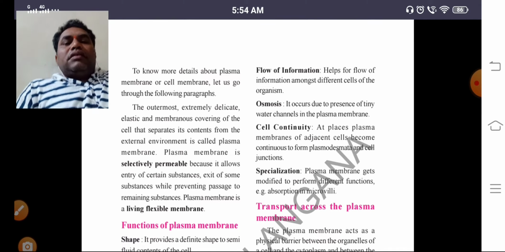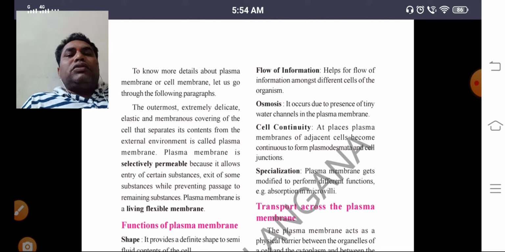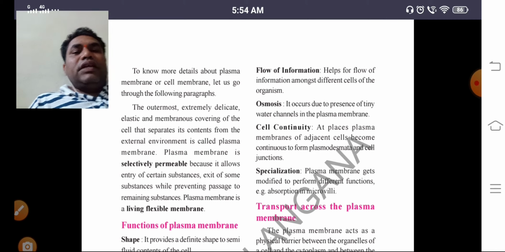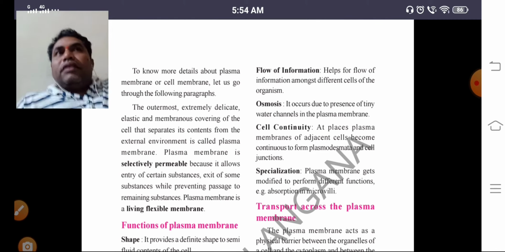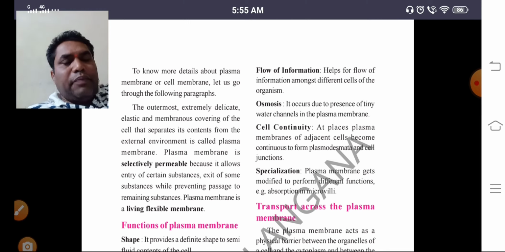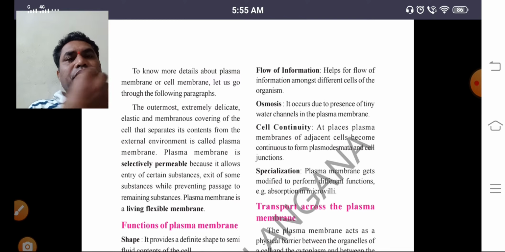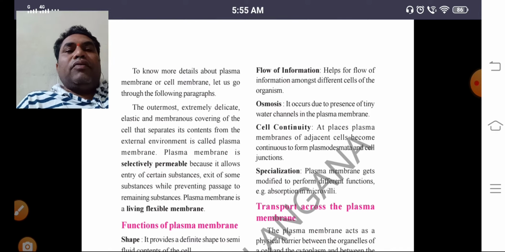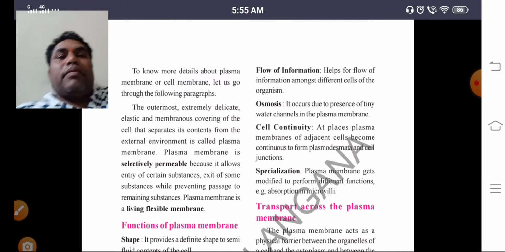The outermost layer is very important. Already in the first chapter we studied cell structure and functions, and in the fourth chapter of 9th class we have a chapter particularly on the plasma membrane. Now we are in that chapter, with more details about the plasma membrane.